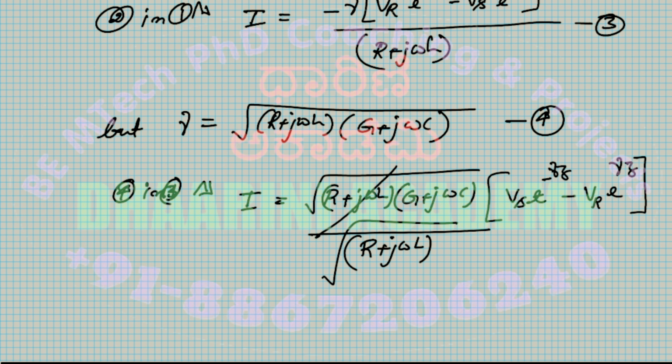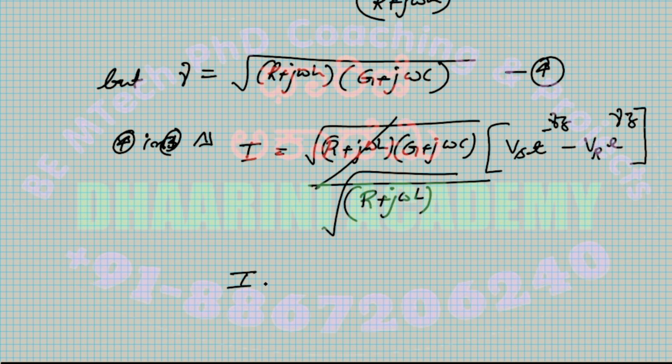So the numerator term gets cancelled with the denominator, but I get a root in the denominator, right? So we know that comparing this with Ohm's law, I should be equal to 1 by Z naught times V. The whole right side is V now.